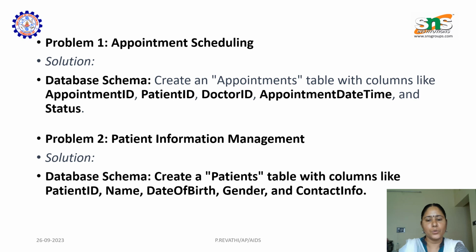In problem 2, patient information management. Database schema. Create a patient table with columns like patient ID, name, date of birth, gender and contact information. Patient is a table name; patient ID, name, date of birth, gender and contact information are attributes in the patient table.